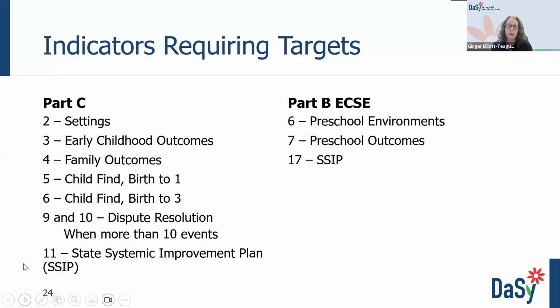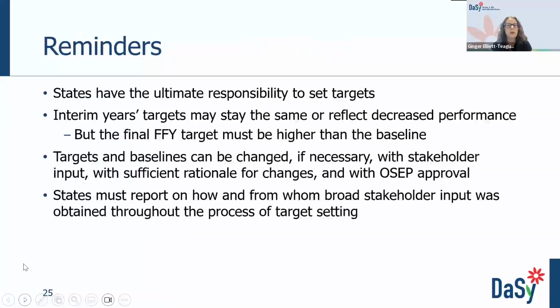On the Part B side, DaSy supports work related to early childhood special education indicators. So those are 6, 7, and potentially 17 if you have an early childhood focused state identified measurable results for your SIP. So just know that we're able to support target setting on any of those indicators. Next slide, please.